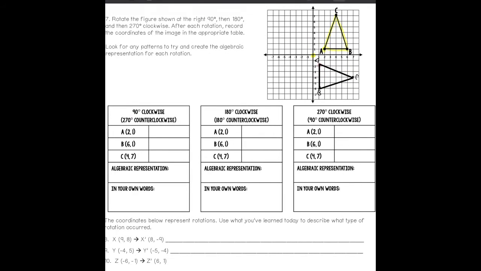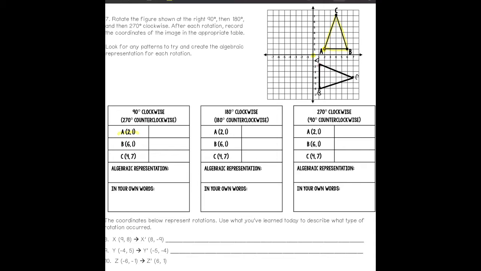Okay, so I went ahead and I drew my triangle after I rotated it 90 degrees. So now I want to look at the relationship between the original points and my points when I rotated it 90 degrees. So in the original image, which should be in yellow, excuse me, I'll do that with highlighter, here's where A is.